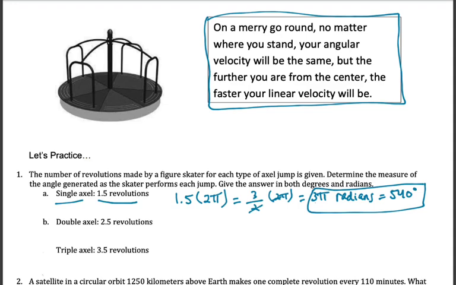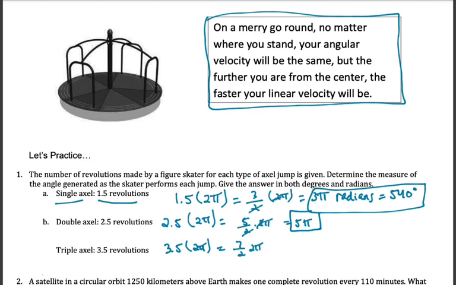If you do a double axel, you're going to turn 2.5 revolutions, so multiply that by a full circle. You end up with 5 halves times 2 pi, which would be 5 pi. On the next one, we're going to do a triple axel. That's 3.5 revolutions, so 3.5 times 2 pi, or 7 halves times 2 pi.